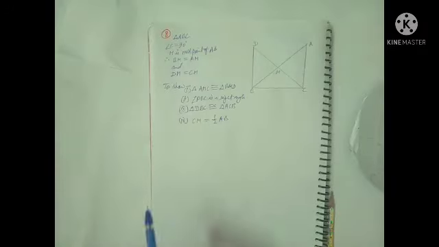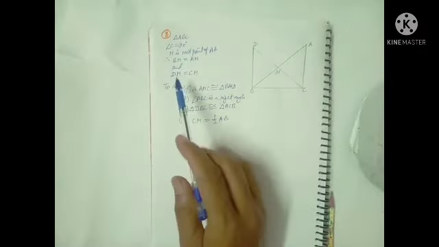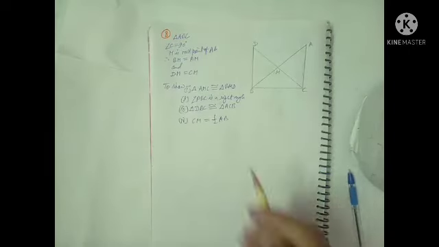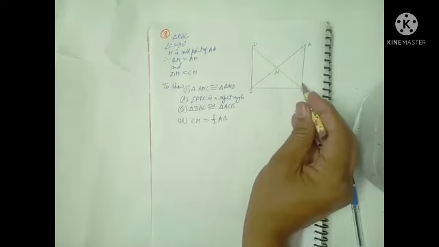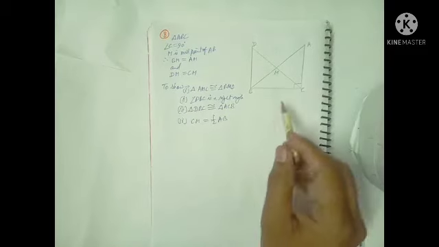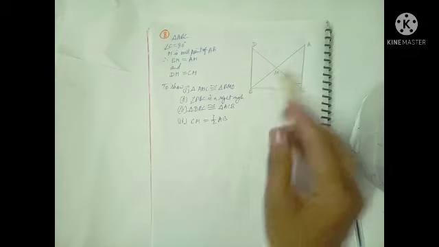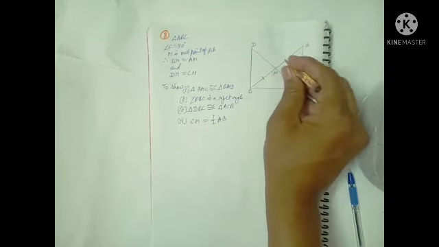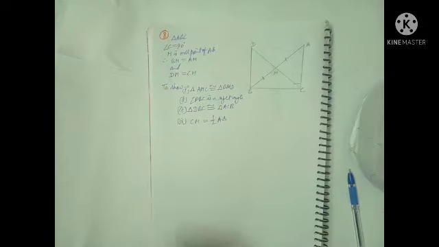In question number 8, everything is given here. Angle C is a right angle. See, it is given. Angle C is a right angle in triangle ABC, and M is the midpoint of AB. It means AM is equal to BM.